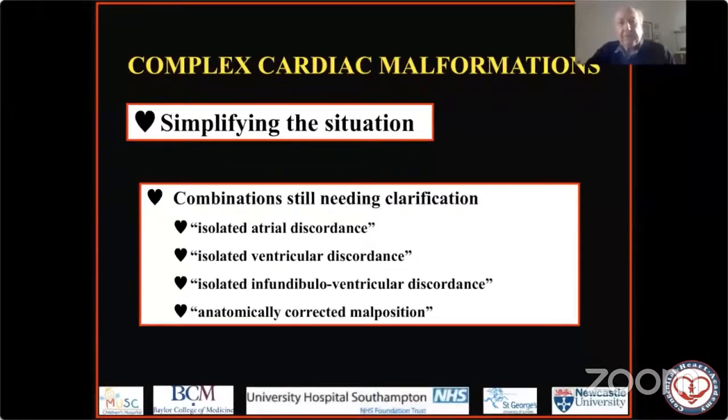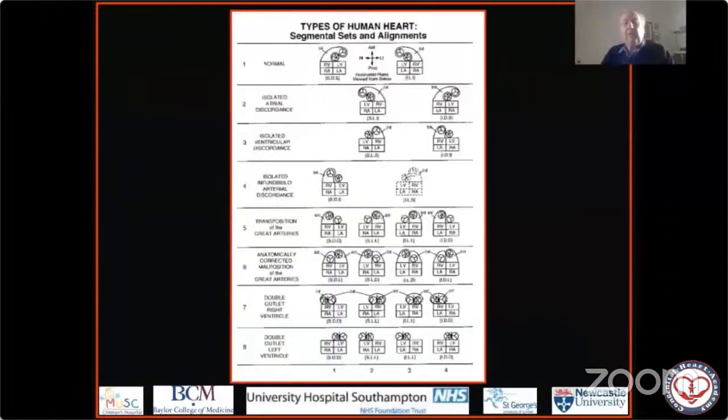But we're going to have to put it into the context of all these other sets. So as I say, let's come back for a moment and let's compare what's going on in these two sets, which Richard calls isolated atrial discordance, as opposed to isolated ventricular discordance.